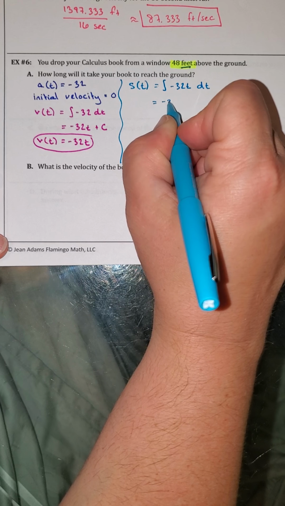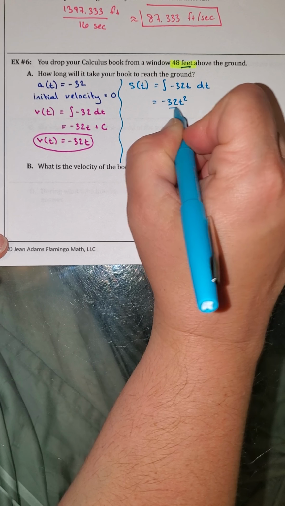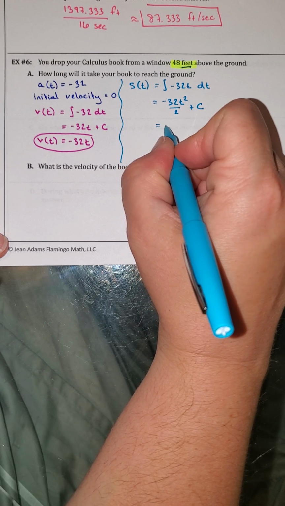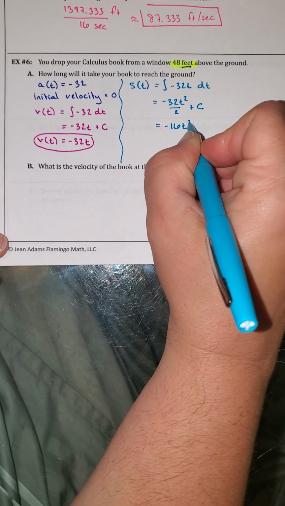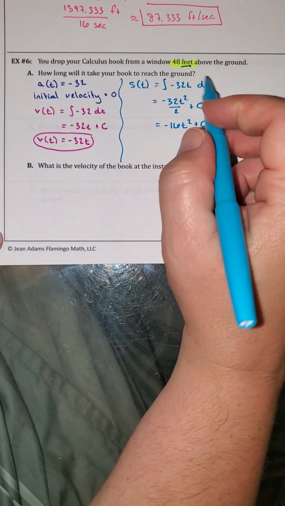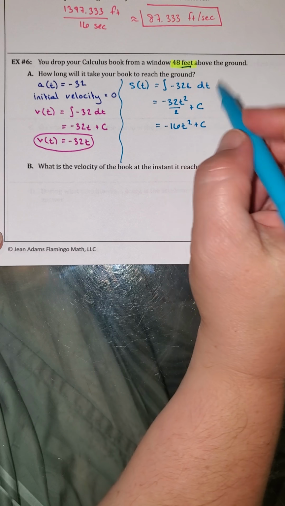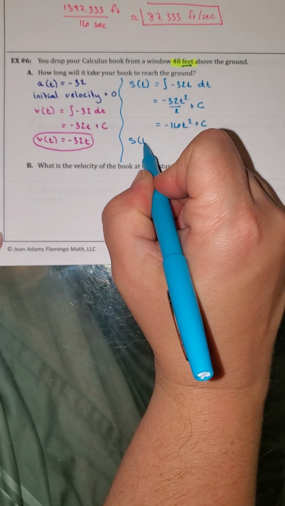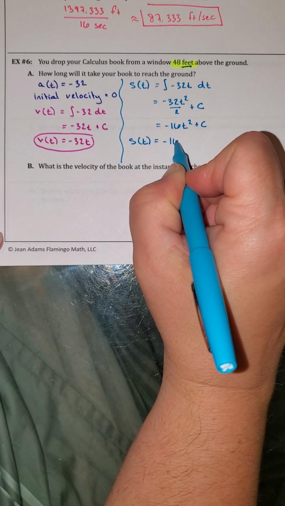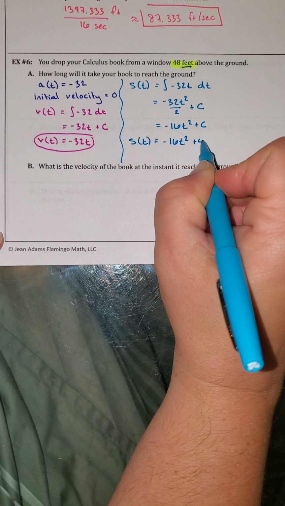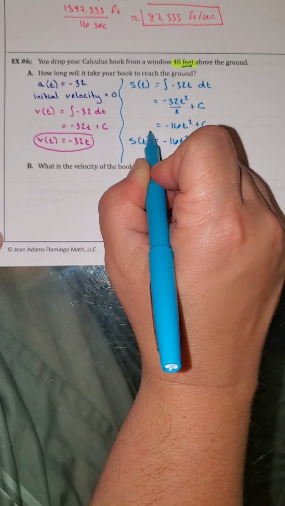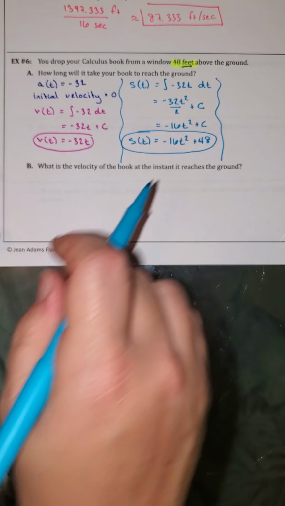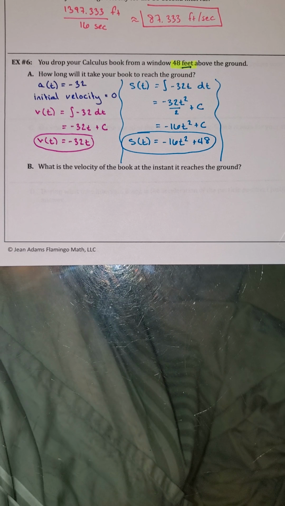So that's negative 32t squared over 2, plus c. So we have negative 16t squared plus c. It's 48 feet above the ground, so that's where the c comes in. So s of t would equal negative 16t squared plus 48 feet. There's our position function.